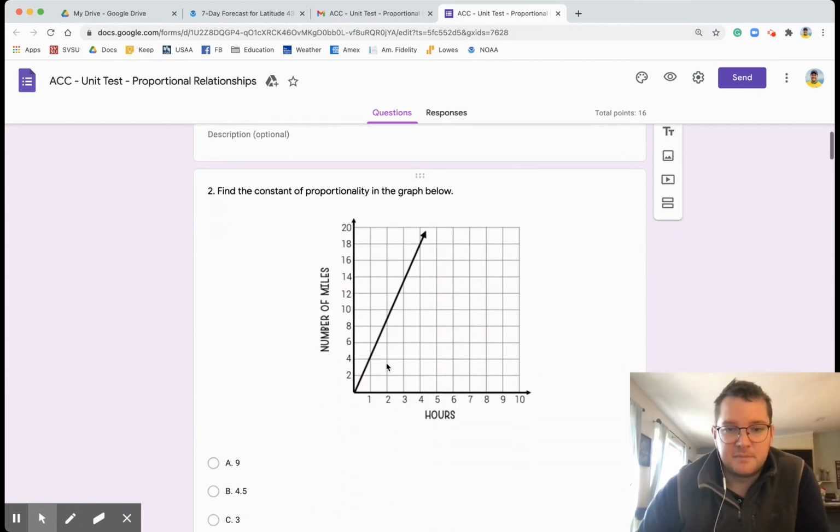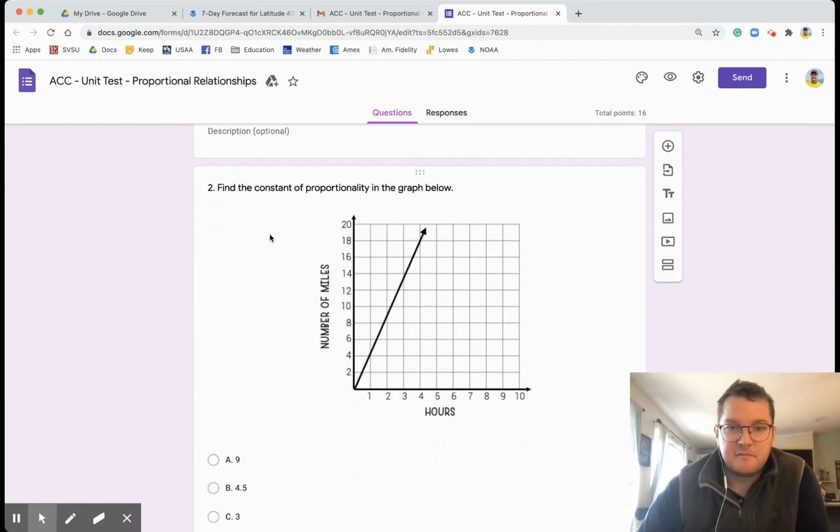Number 2, find the constant of proportionality in the graph below. So what you want to do, guys, is find an intersecting point where it crosses both the y and the x value. In this situation, I can't do this one because it's in the middle here. I would want it to be right there, dead center, bullseye.